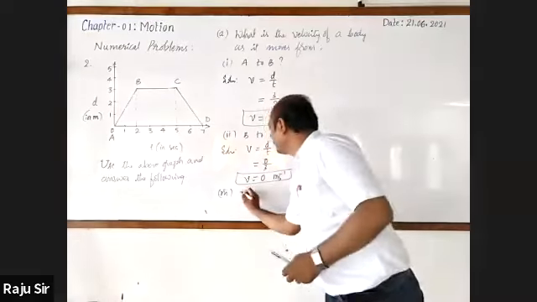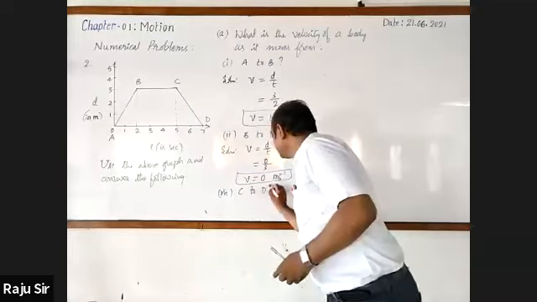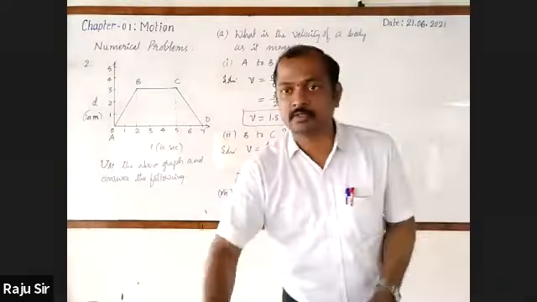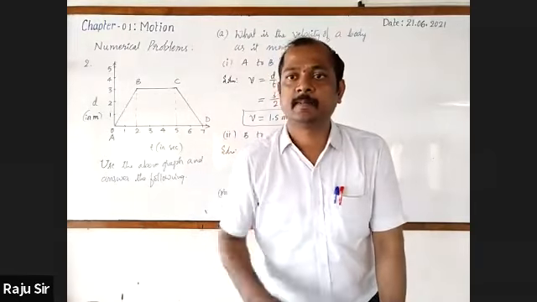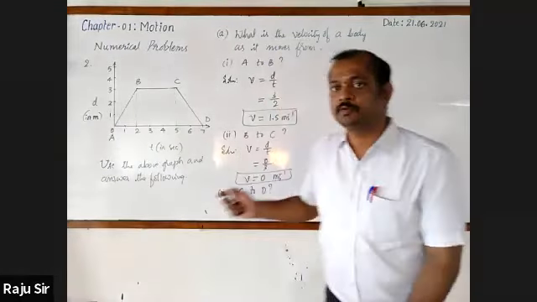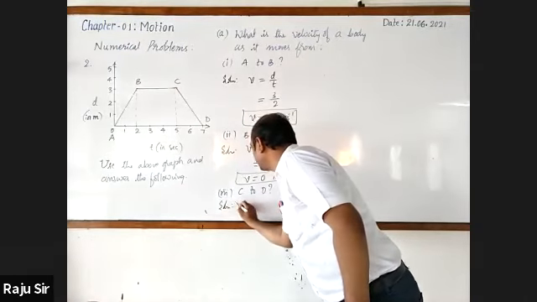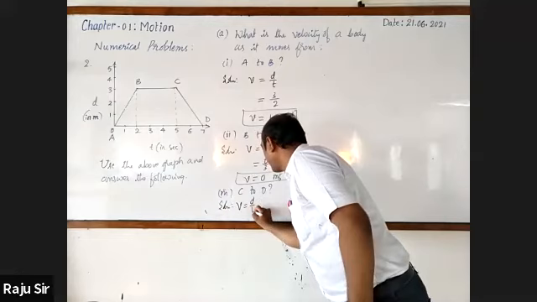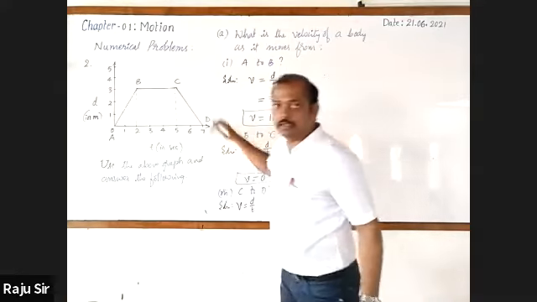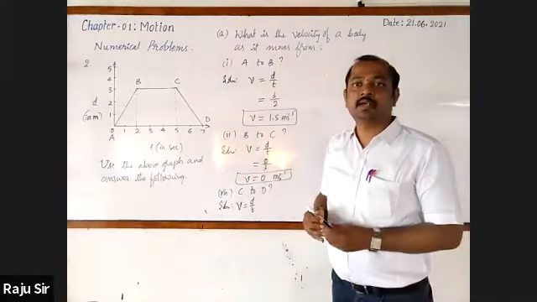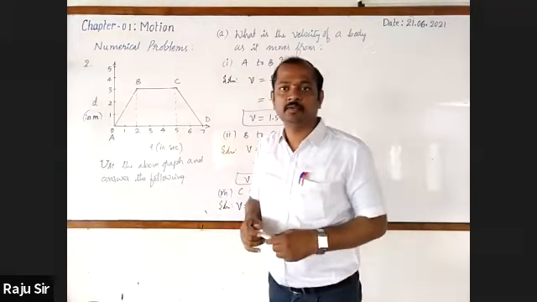Next one, from C to D. Mohita Vijay, could you tell what is the velocity of the body from C to D? What is the distance traveled from C to D?